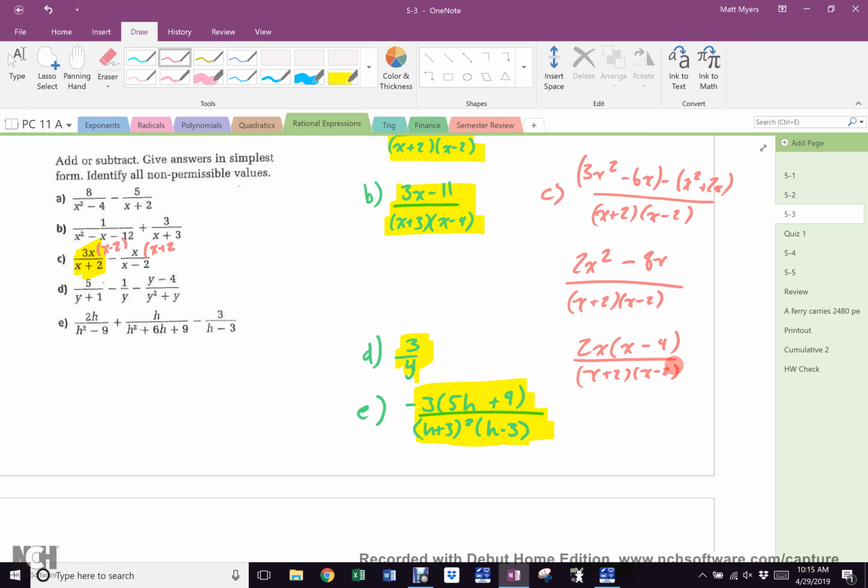And, of course, non-permissible values, but it's much more important that you can get to a point where you can find the non-permissible values. Everybody good?